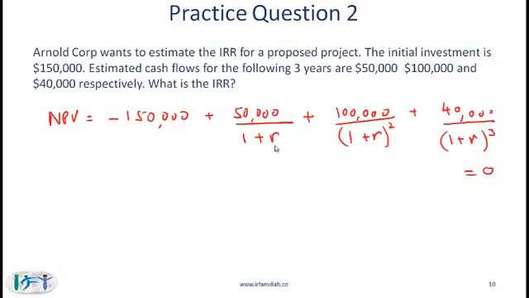That value of R would then be the IRR. While hopefully you recognize that this equation can be solved, clearly it will take a long time. Perhaps you need to do this by trial and error, so there has to be a better way.